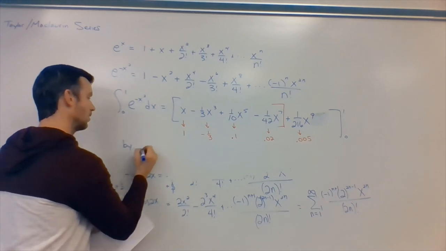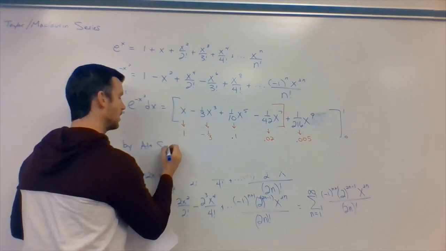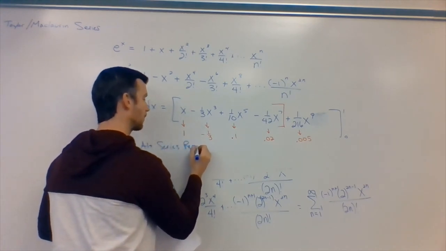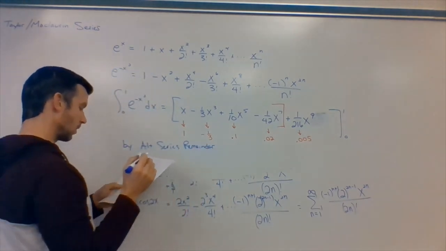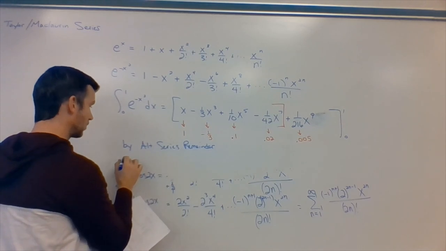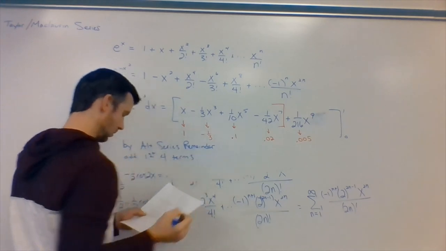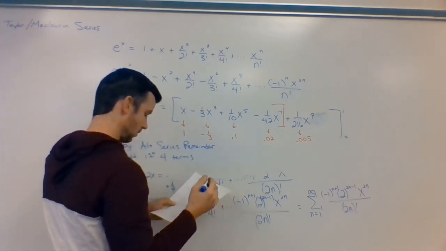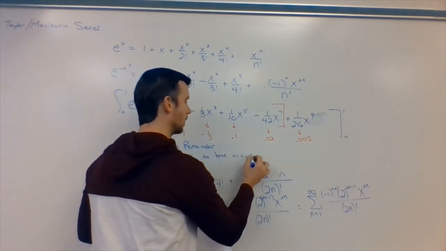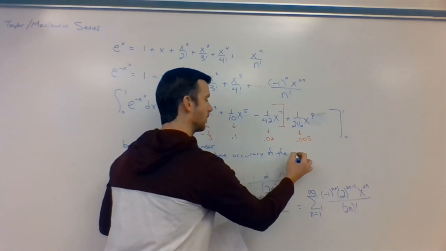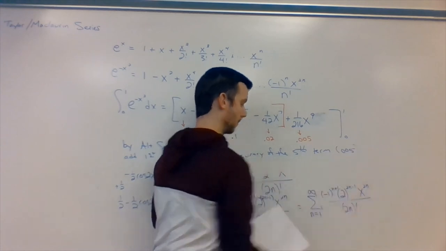So by the alternating series remainder, we add the first 4 terms to have accuracy of the 5th term, 0.005.